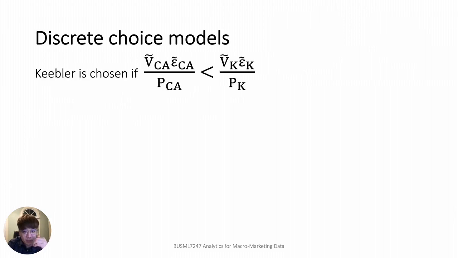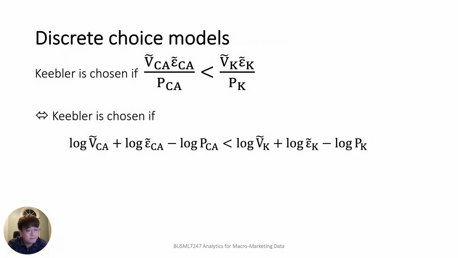For expositional purposes, the choice rule can be transformed as follows. First, let's take log. Then, the multiplication and division become addition and subtraction as follows. Then, for simplicity, remove the log and normalize the unobserved component.